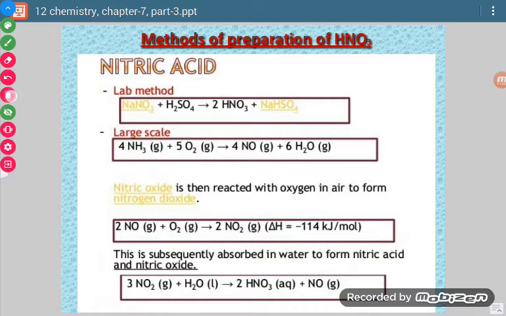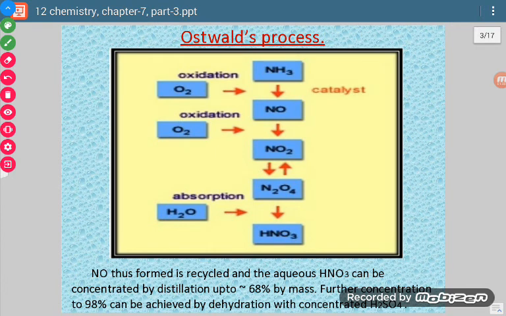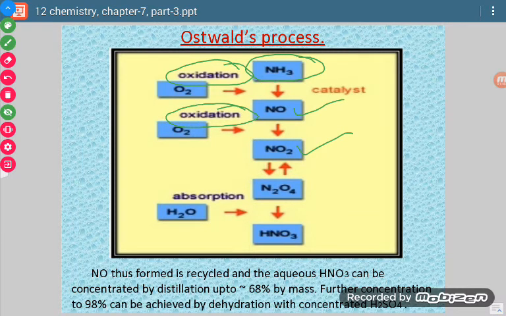Now, on a large scale, which process do we use and how do we do it? This is briefly discussed over here. We take ammonia first, then we perform oxidation, which results in the formation of nitric oxide, which again undergoes oxidation, and there is formation of nitrogen dioxide.